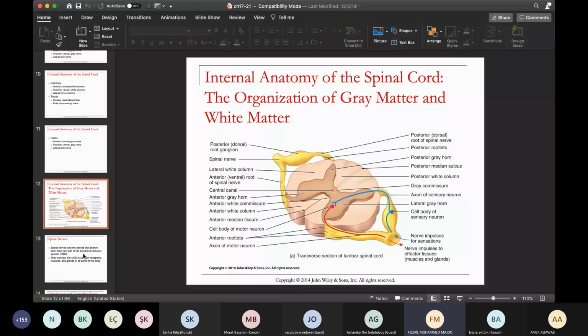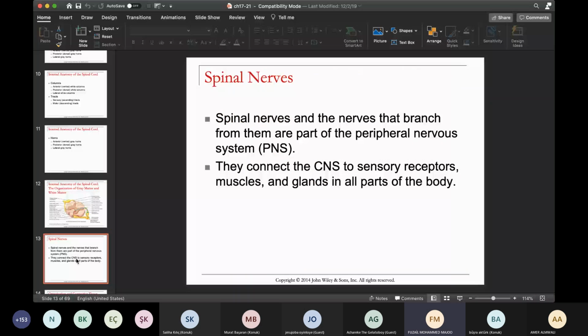All right, spinal nerves. As for the spinal nerves, they connect the central nervous system to sensory receptors, muscles, and glands in all parts of our body. Now, we have 31 pairs of spinal nerves.